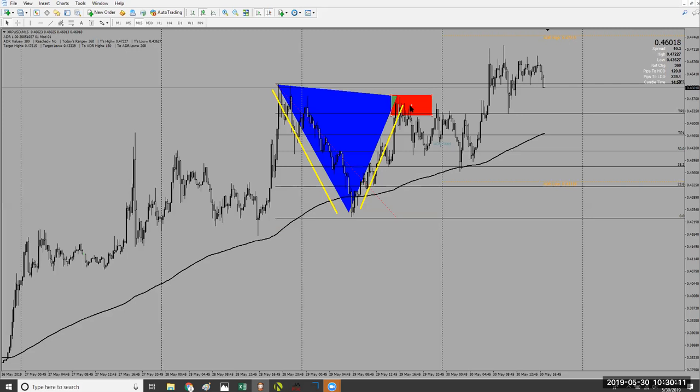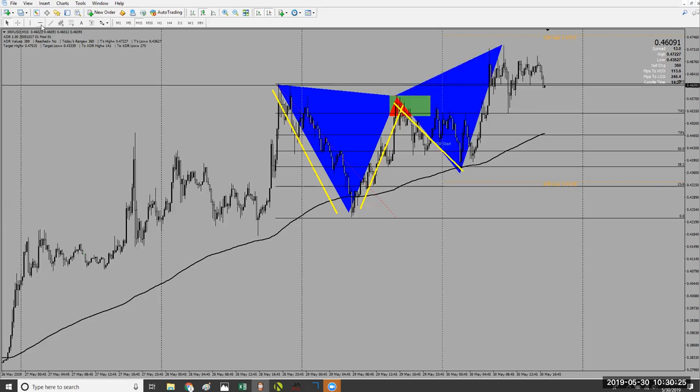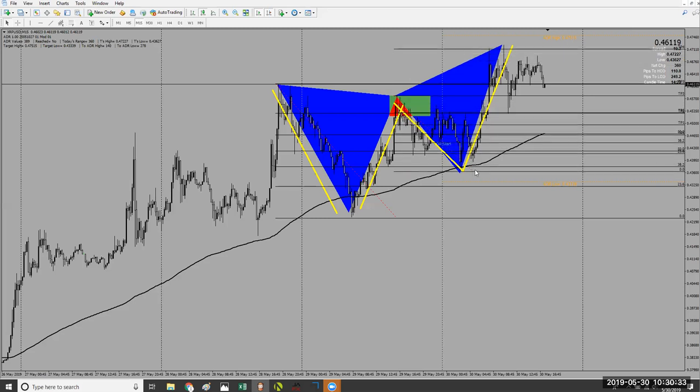All right. Now we'll go from B to C. Then up to D. Now D is simply the retracement from B to C, right here at the 161.